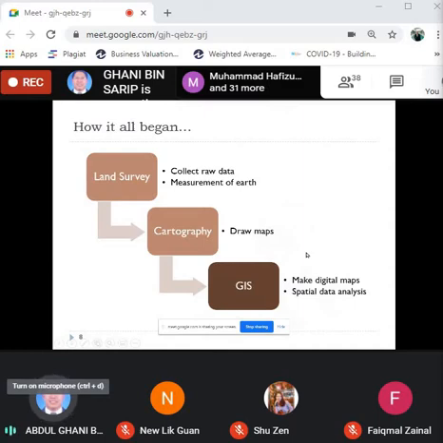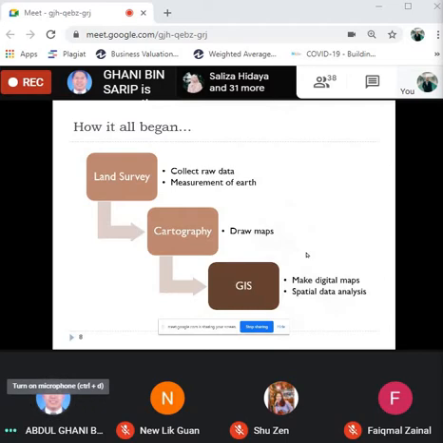How it all began: a bit of historical facts about GIS. It all began with the work of a land surveyor, because what land surveyors do is basically collect raw data by observing and measuring position on Earth.